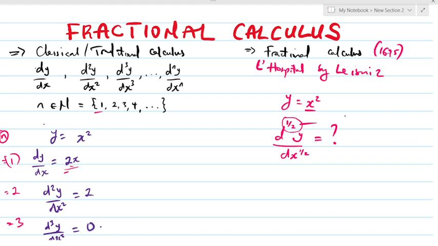So how do we go about it? Alright, so that is what we'll be checking under this particular course, which is fractional calculus. So we are now advancing from classical traditional calculus to fractional calculus. So I believe you will find this course very interesting.